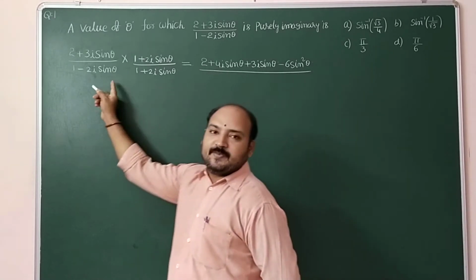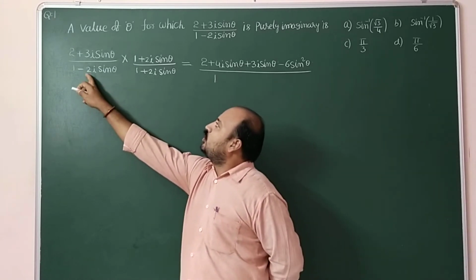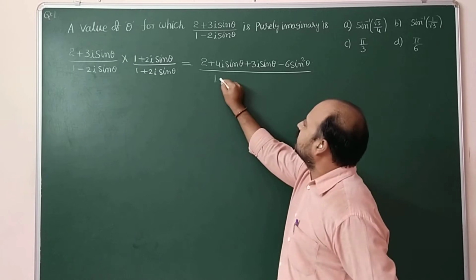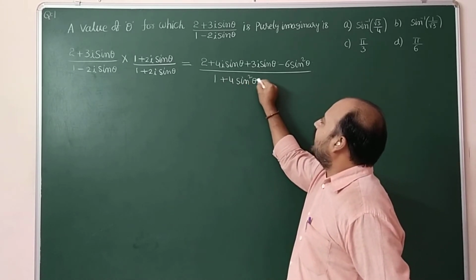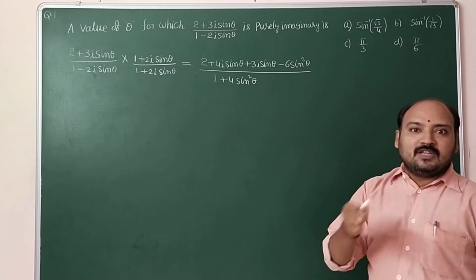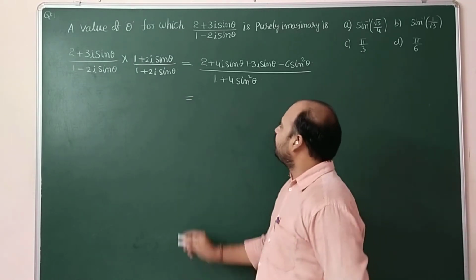(a plus b) into (a minus b) is a square minus b square. So 1 square minus 2i into 2i, that is 4i square, and i square value is minus 1. So it will become 1 plus 4 sin square theta. Now this value you have to write in the form of x plus iy.